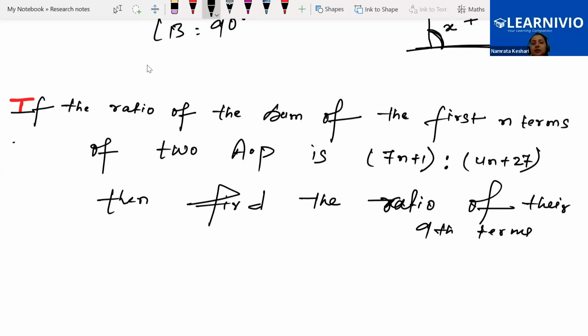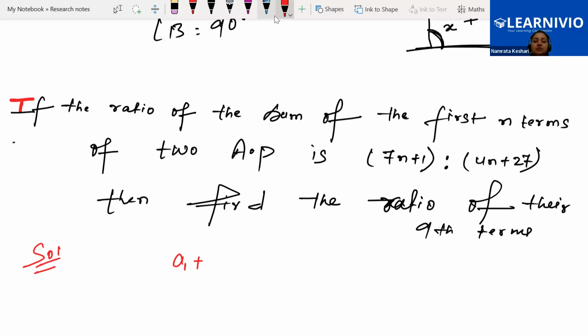This question was there in your test. If you have done it already, great. If you have not done it, or you are having confusion, then please focus over here. Two different APs we are having. What is the formula for the nth term of an AP?